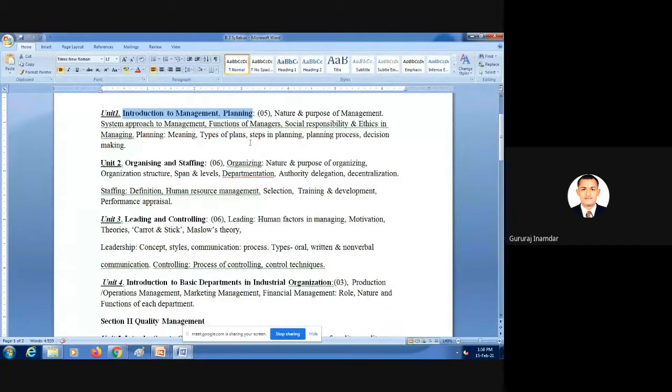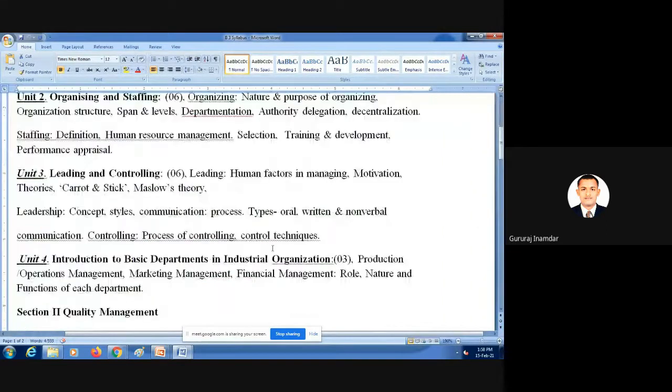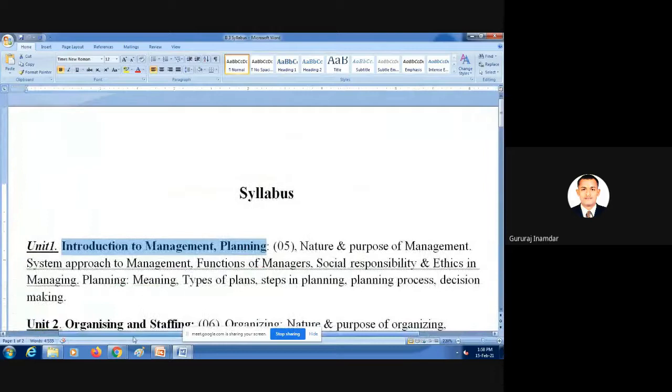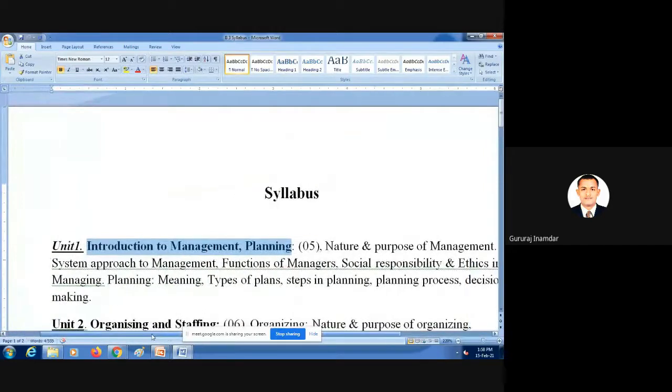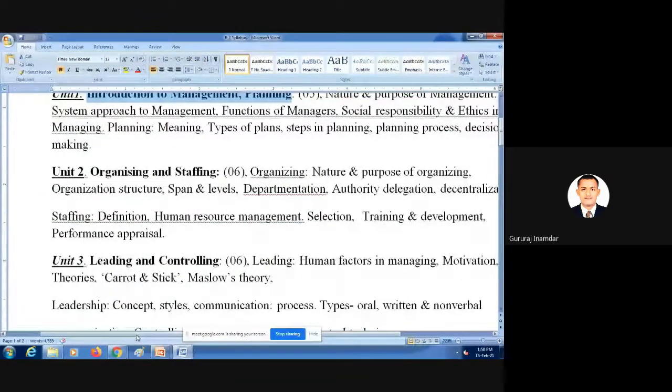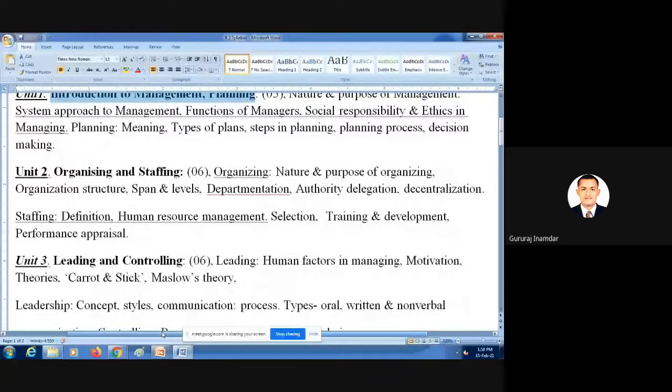So what is the syllabus of organizing? First of all we will see the nature and purpose of organizing, as with planning. Then organization structure, which is very important.